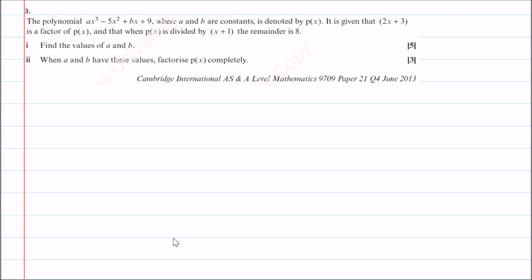See here two sets of information given. Using those two sets of information, we will get two equations in a and b, and we will solve them simultaneously to get the values of a and b. Okay, so let's start part 1.